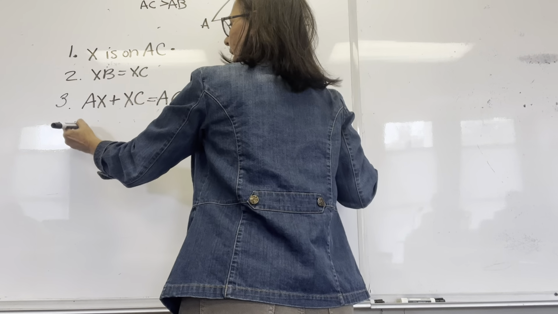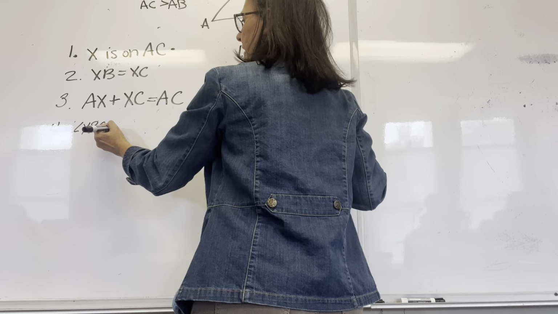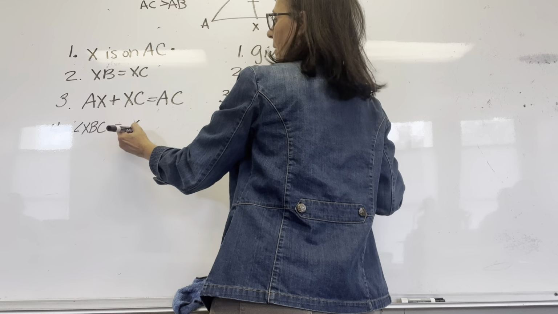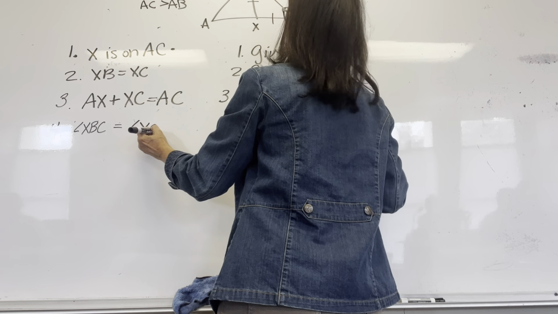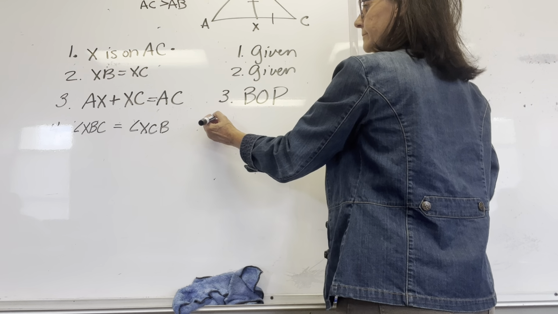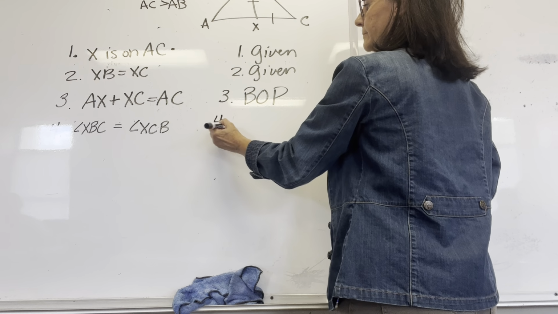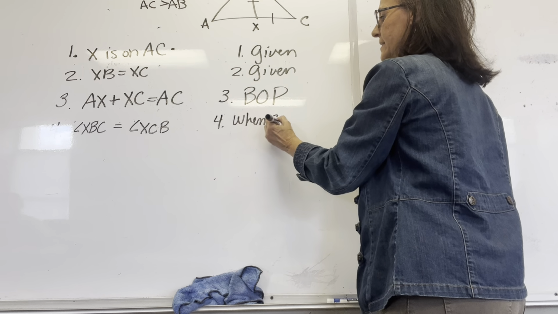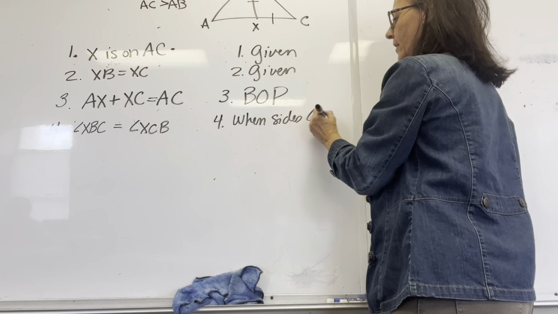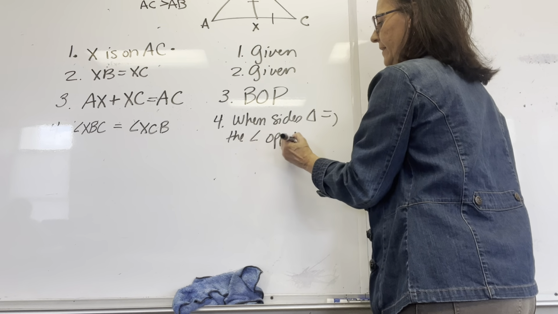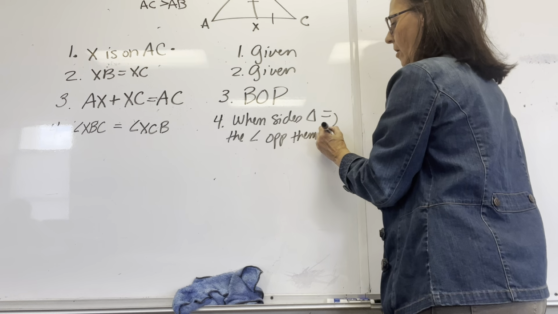Angle XBC is equal to angle XCB. I'm going to use three letters. Why? Because when sides of a triangle are equal, the angles opposite them are also equal.